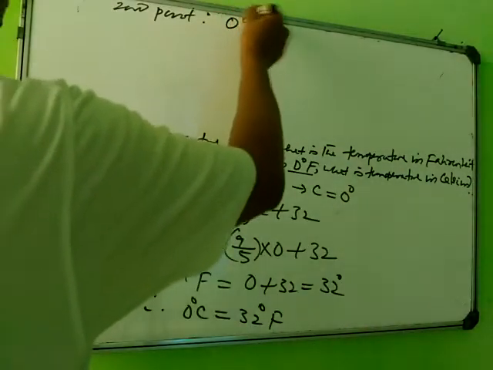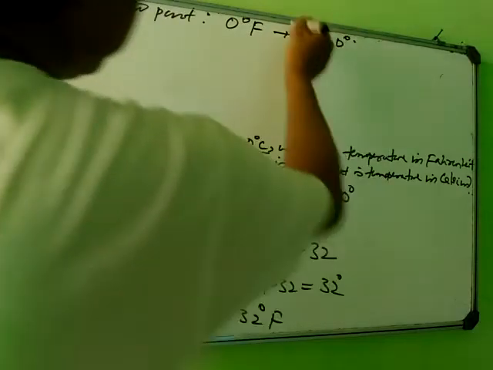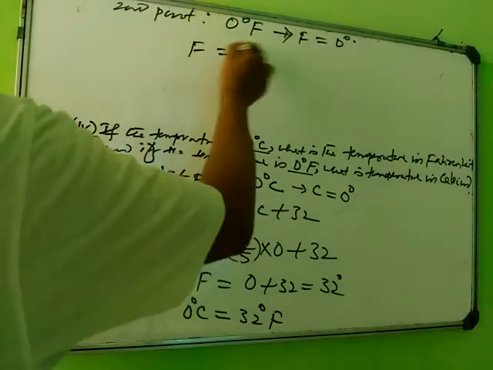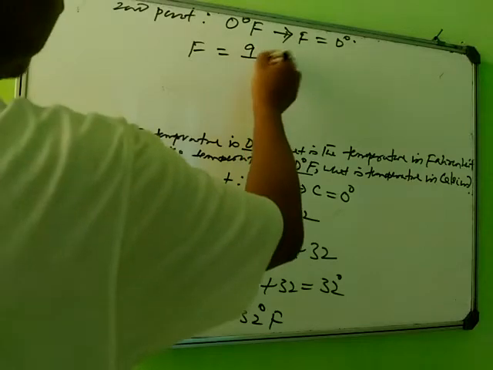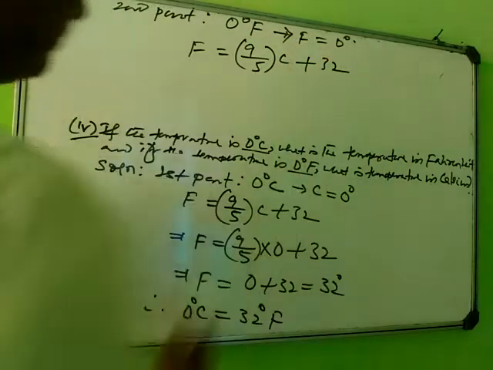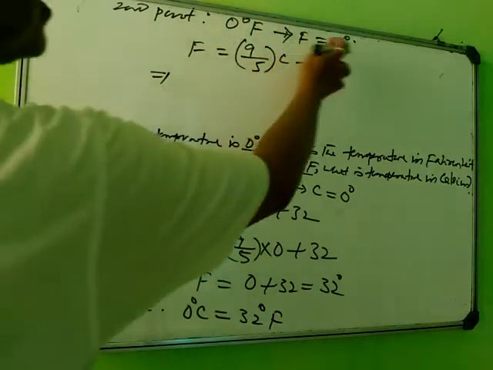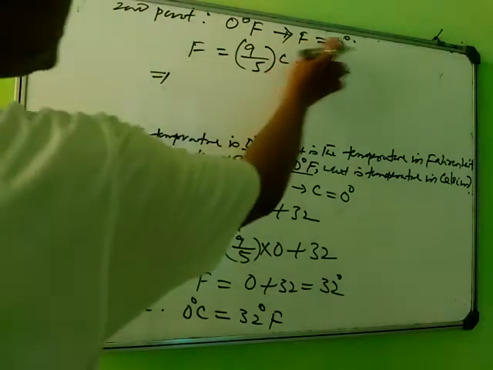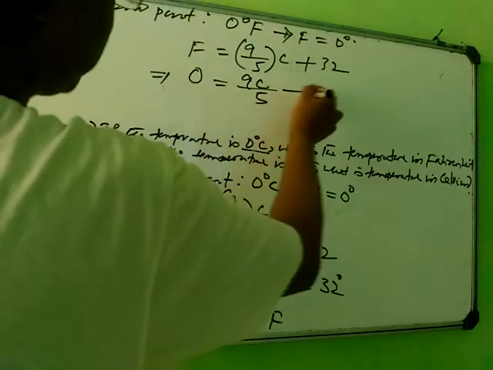So F equals 0 degree Fahrenheit. Now you take the equation, F equals 9 by 5 C plus 32. Fahrenheit is 0 degree. So in place of F, you put 0 equals 9C divided by 5 plus 32.